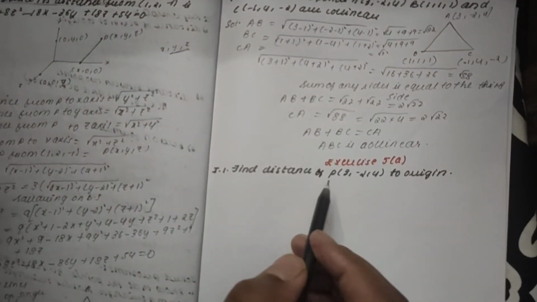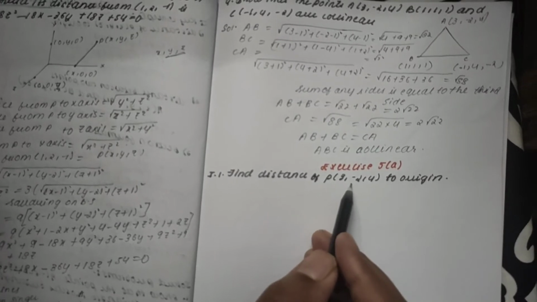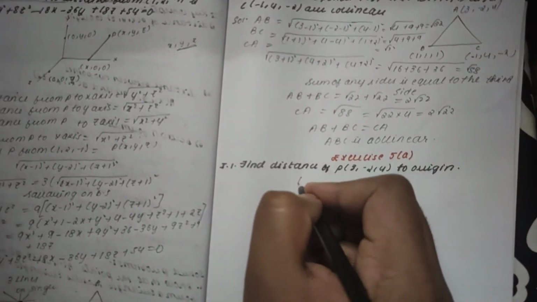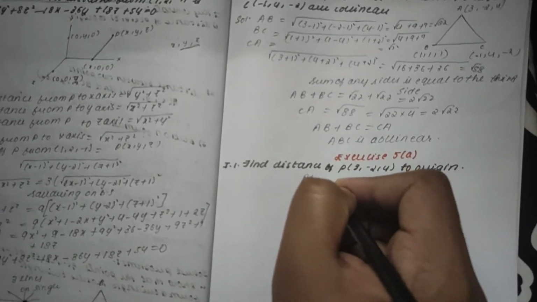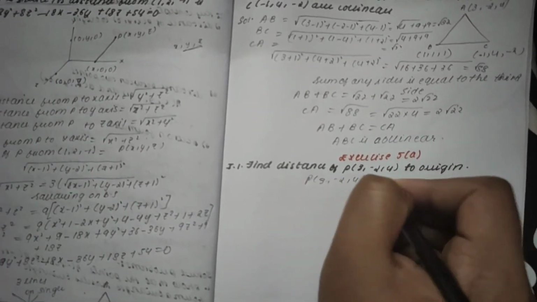I hope you have understood the previous sum. So let's go to the exercise problems of exercise 5A. The first problem goes like this. Find the distance of P(3, -2, 4) to origin. He is asked to find the distance between P(3, -2, 4) to origin (0, 0, 0).